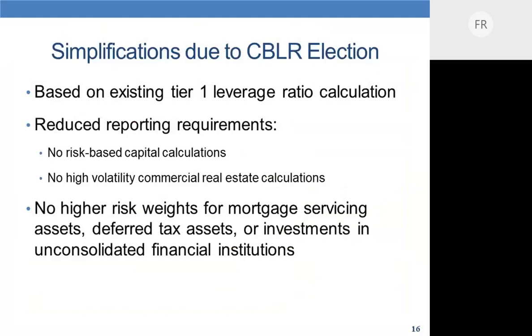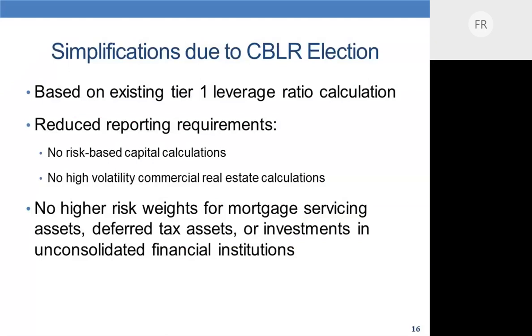Thanks, Ben. So to recap, the final rule, together with associated changes to reporting requirements, will simplify regulatory capital requirements, thus providing regulatory relief to community banking organizations that opt into the CBLR framework. Reduced reporting requirements for the call report that apply to CBLR banks are posted on the FDIC website, as Ben referenced, and available for all banks to review.